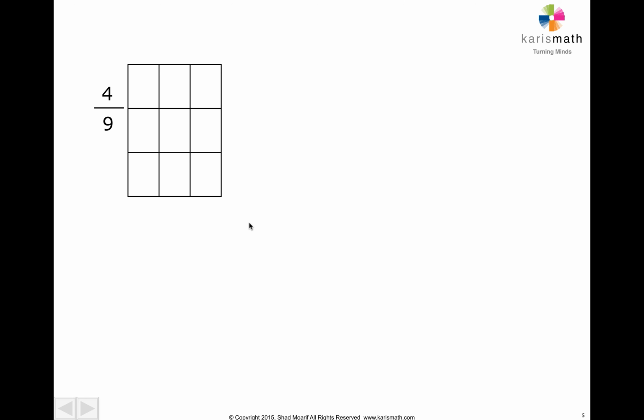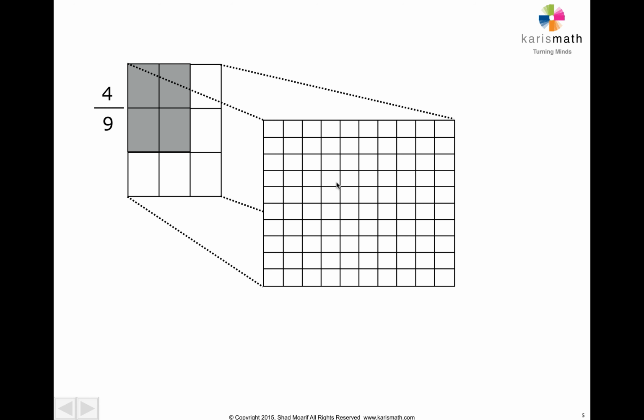So you can see it visually if you like. 4/9, that's 4 parts here out of 9. And if I want to project it to a percent, I can break this into 100 equal parts. And the 4 parts out of 9 will be how many out of 100? We can work it out. What percent is this? Well, we do 4/9 times 100%, right?